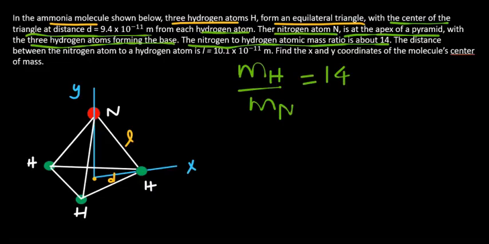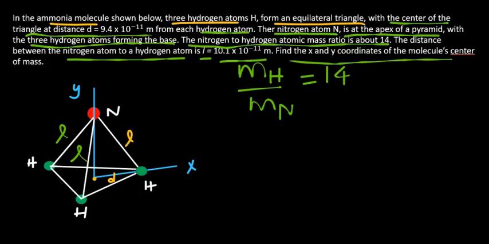The distance between the nitrogen atom and hydrogen atom, L, is given by 10.1 times 10 to the power minus 11 meters. So that is that distance, and that distance. Find the x and y coordinates of the molecule's center of mass.